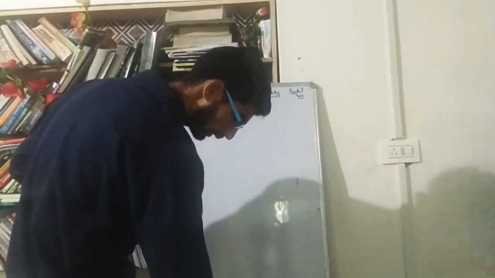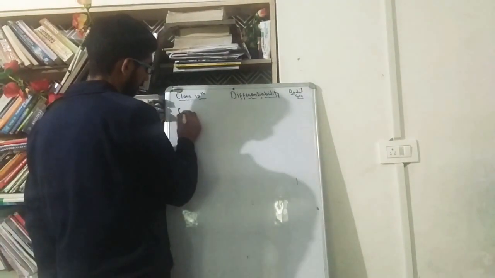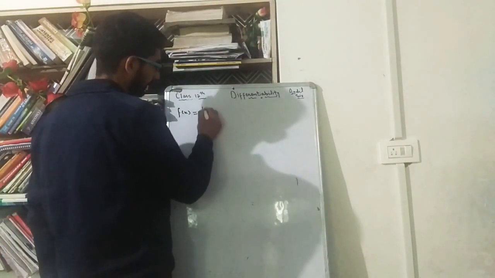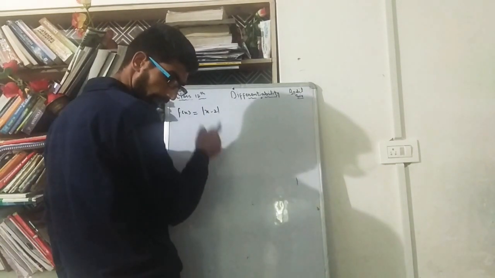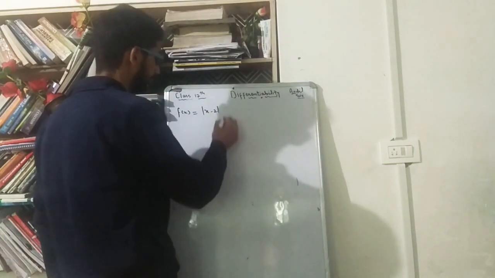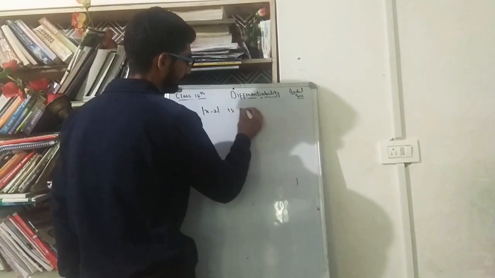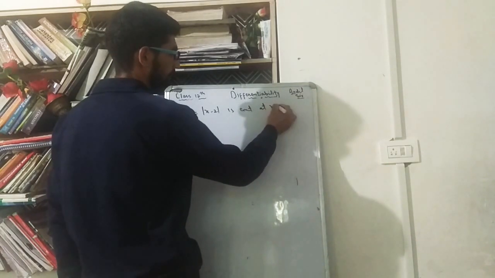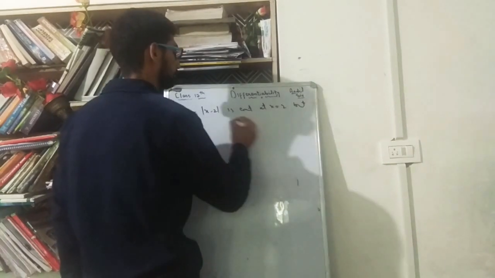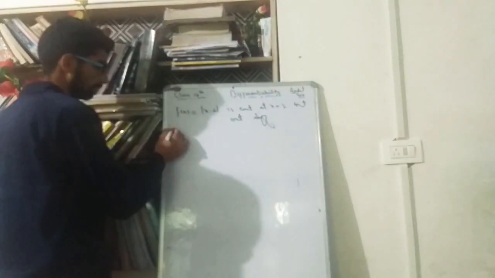The first example: take f of x equal to modulus of x minus 2, and you have to check whether this is differentiable or continuous. You have to show that this function is continuous at x equal to 2 but not differentiable.